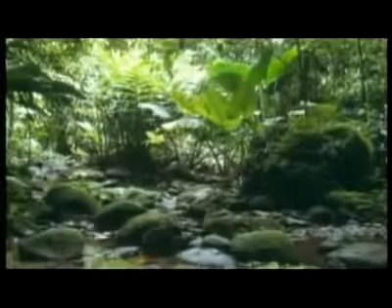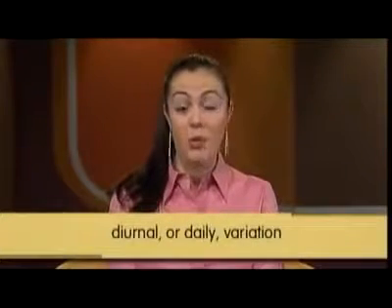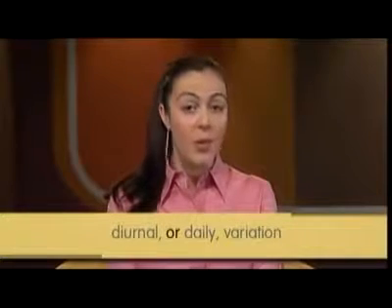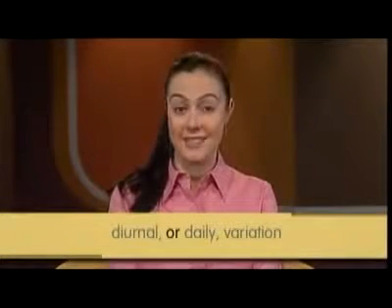Our interest is not so much in that diurnal or daily variation. We're interested in what's happening on time scales of days or months or years. They're interested in what's happening over days, months or years. Their interest is not so much in diurnal or daily variation. The conjunction or here works to connect alternative meanings.